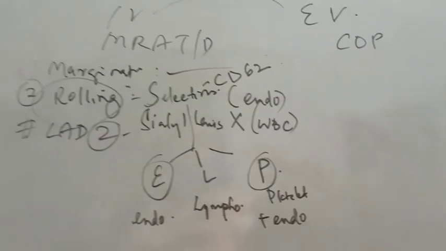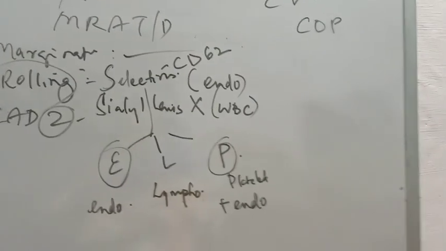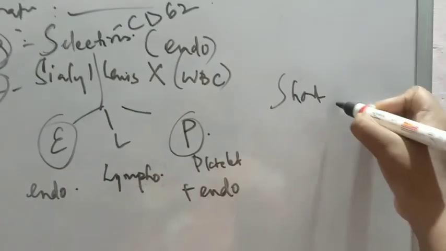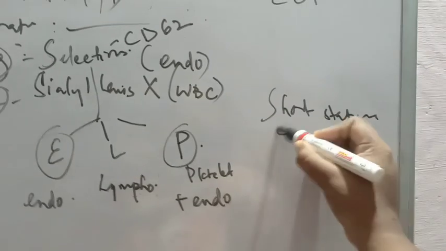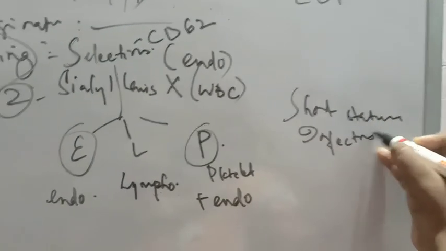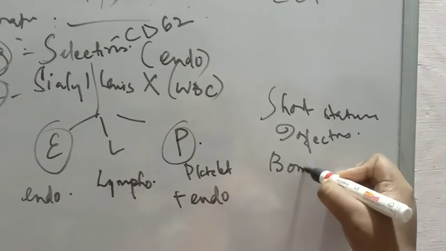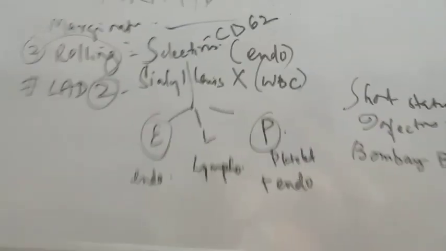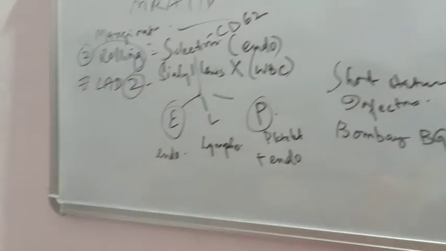Done. Next thing is that we should know the typical presentation of LAD2 deficiency. You will see that the person will have short stature, he will always have infections, and he will have the Bombay blood group. What is Bombay blood group, by the way? Remember that there is a small antigen called H antigen.